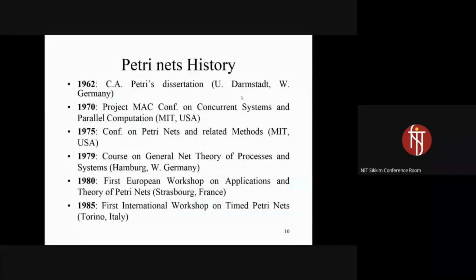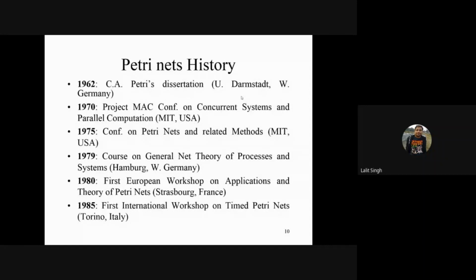The conclusions were very fruitful, and then they again decided to meet to think about how to strengthen the capabilities of the model. With this objective, in 1975, again MIT USA conducted a conference on Petri nets and related methods.